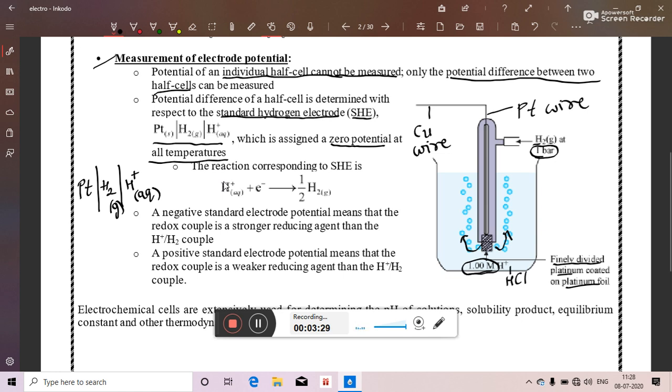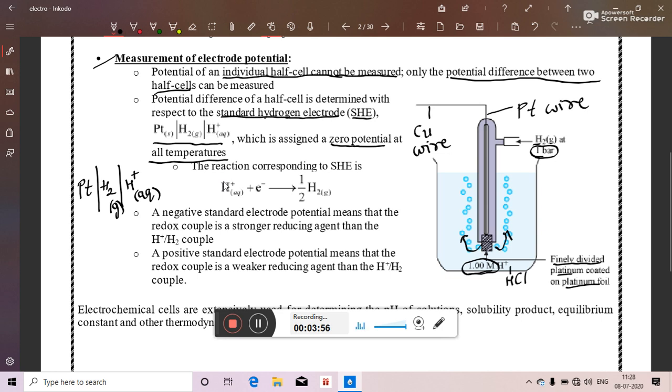Generally when two half cells are connected with a potentiometer, the potentiometer shows the potential difference between the two half cells. So when we connect the hydrogen half cell with any other half cell, in the potential difference shown by the potentiometer the contribution of the hydrogen half cell is 0, as its potential is 0.